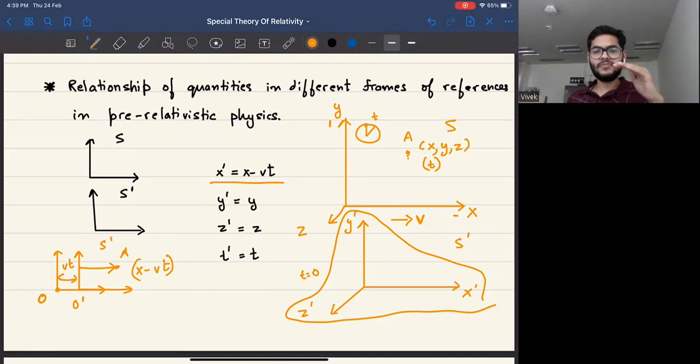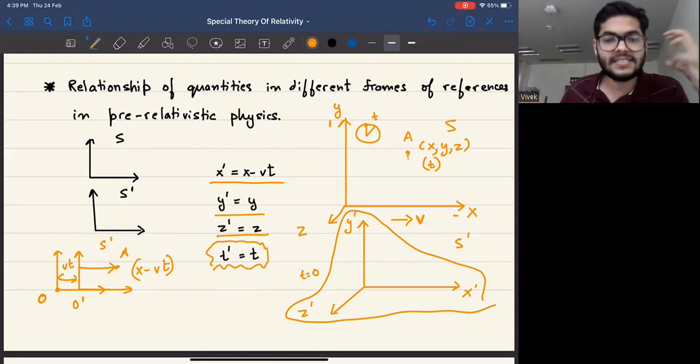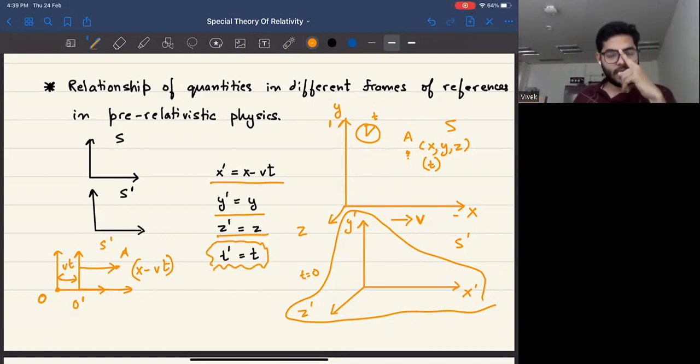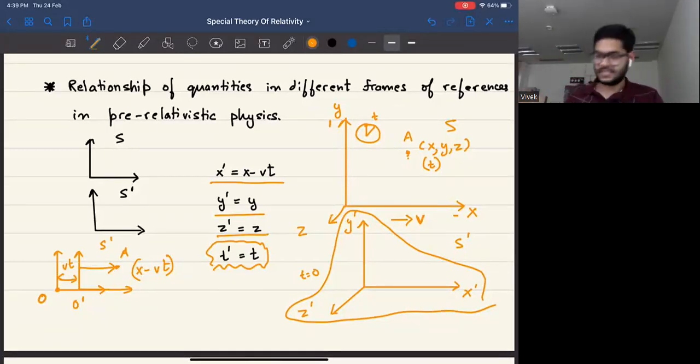And since the frame S is not moving in either y or z direction, we can say that y prime is equal to y, z prime is equal to z. And now comes a very important point. Before special relativity, it was thought that there exists a universal clock, in other words, it was assumed that there is a clock which runs at the same rate for all the frames of reference.